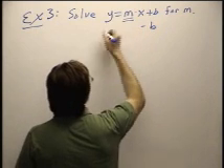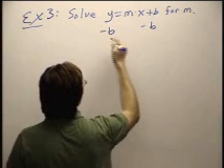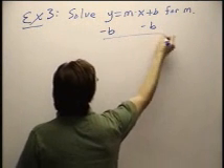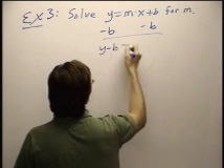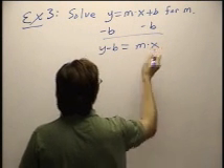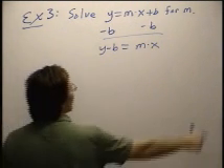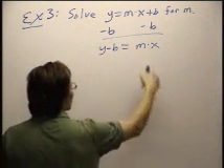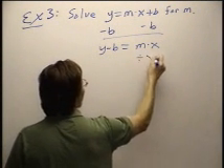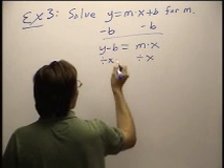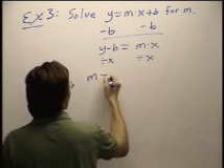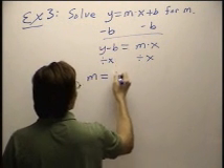So subtract b from both sides, and we end up with y minus b equals m times x. Now we're trying to isolate m, so we're going to divide by x. And we get m equals y minus b over x.